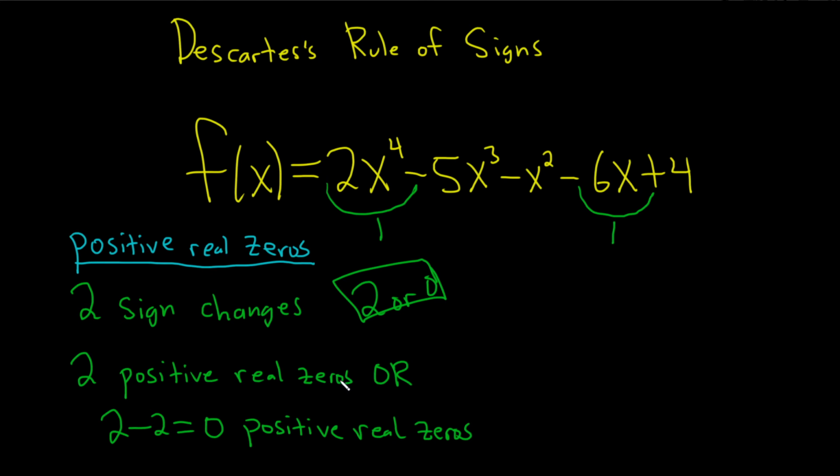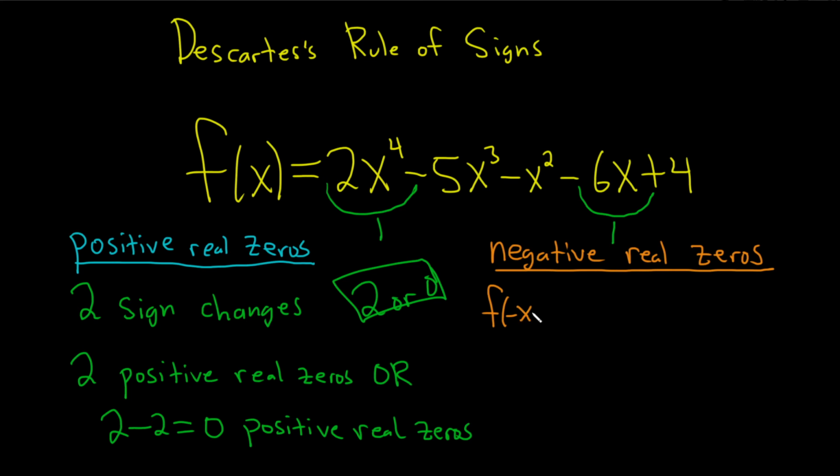Let's go ahead and do negative real zeros. So this is exactly the same, except we don't look at f of x. Instead, we look at f of negative x. So I'm going to replace all of the x's with a negative x.